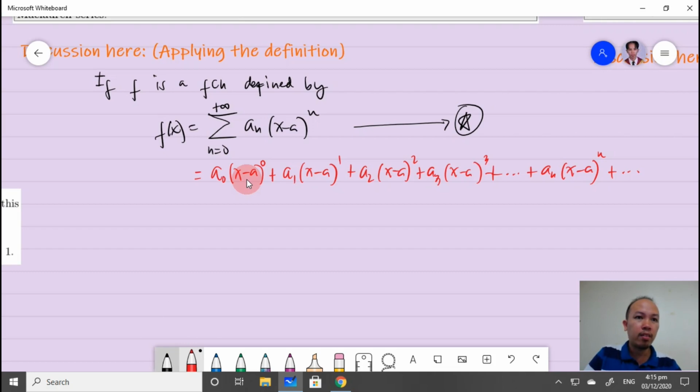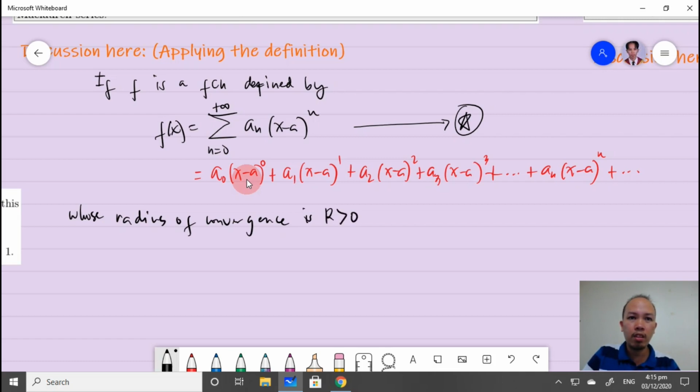Whose radius of convergence is r, which is greater than 0.